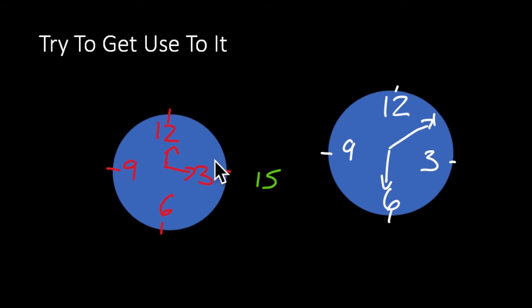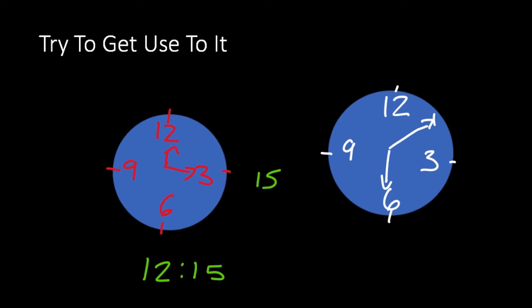Either way, it's 15 minutes after the hour, that means it's a quarter, so our time is 12:15. I just wanted to show you guys that there's more than one way to solve this. So our time for this clock is 12:15.